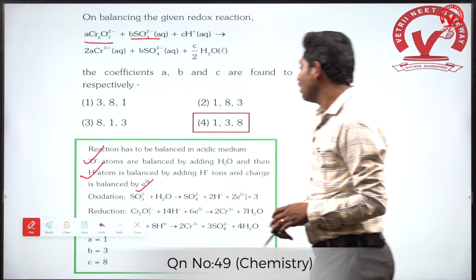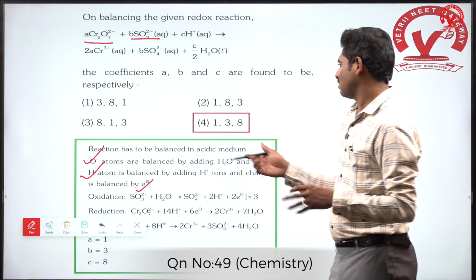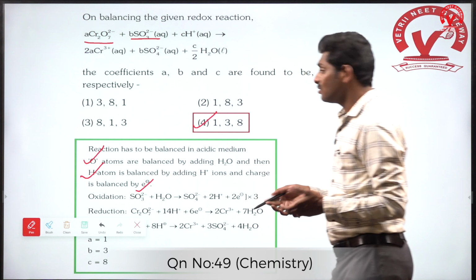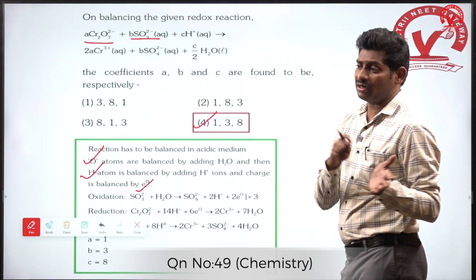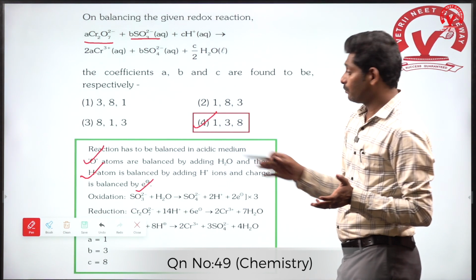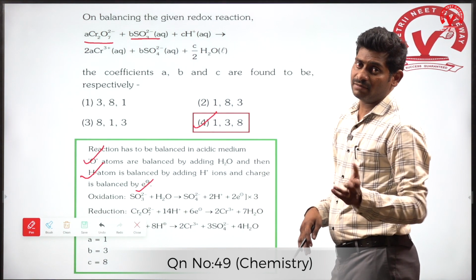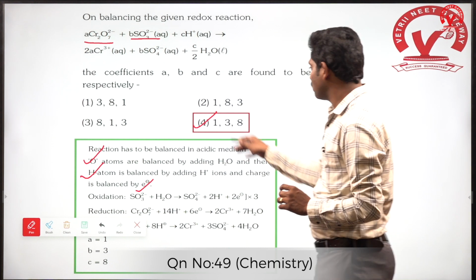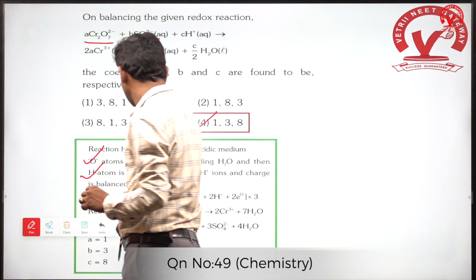Easy process. So 138 is the answer. First split into oxidation and reduction halves, balance the oxygen atoms, then hydrogen atoms, then electrons. So the answer is 138.